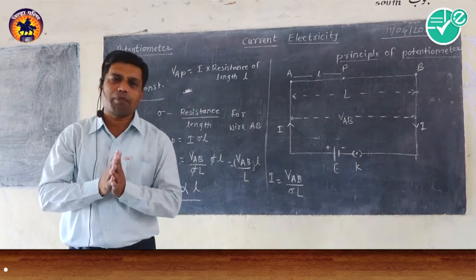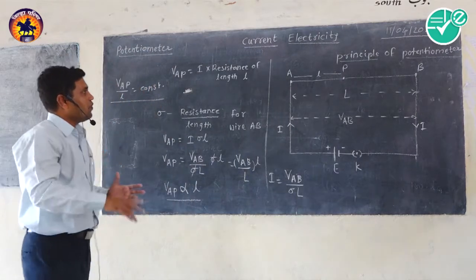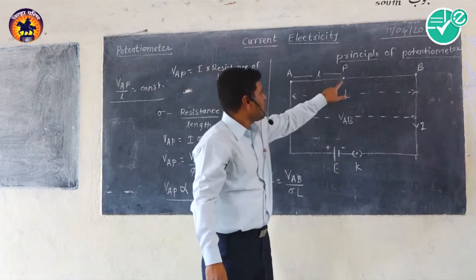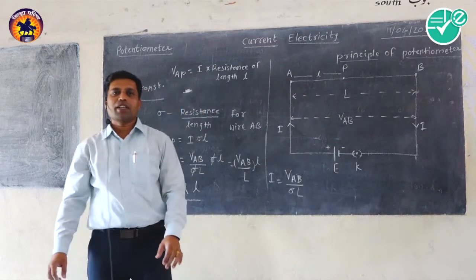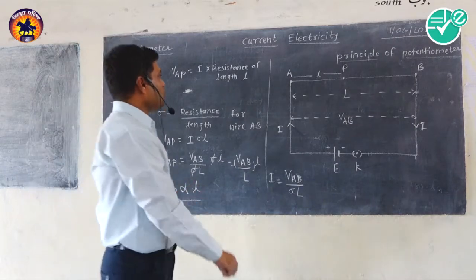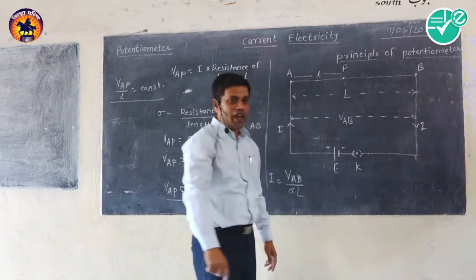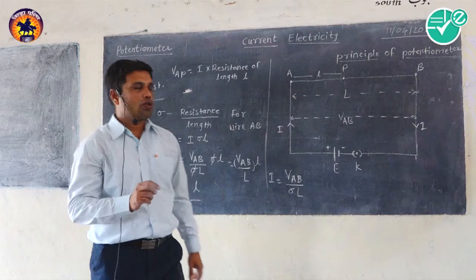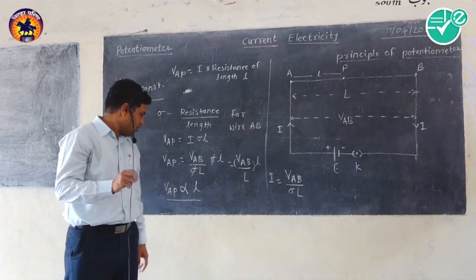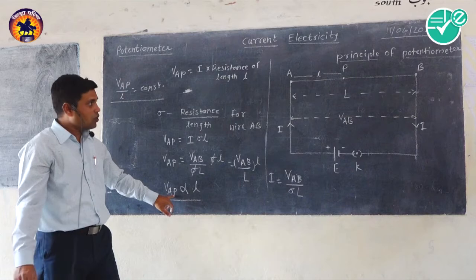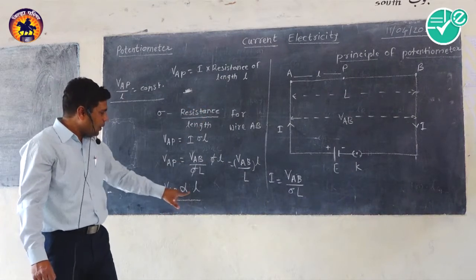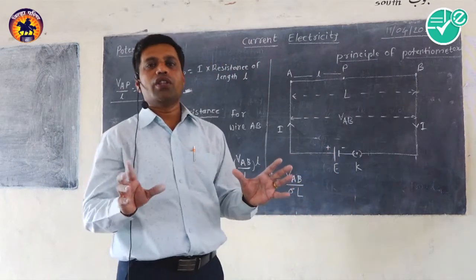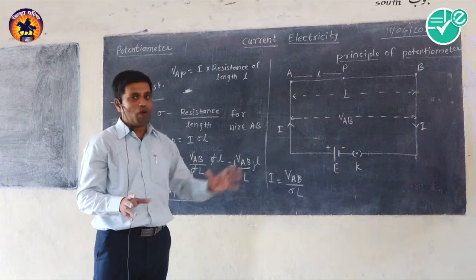The potential difference between any two given points, suppose here point A and point P, of the potentiometer wire is directly proportional to the length of the wire between these two points. So, the principle of potentiometer: the potential difference between any two points on the potentiometer wire is directly proportional to the length of the wire between these two points. This is the very simple concept of the principle of potentiometer.